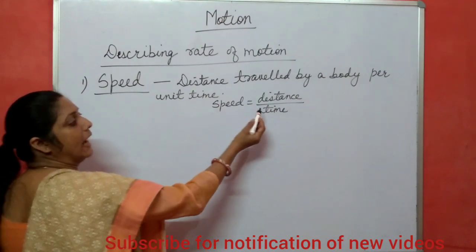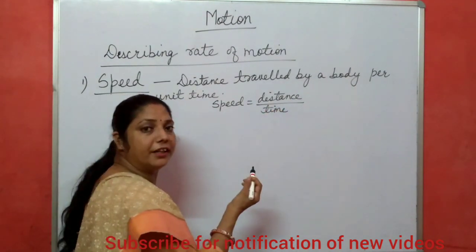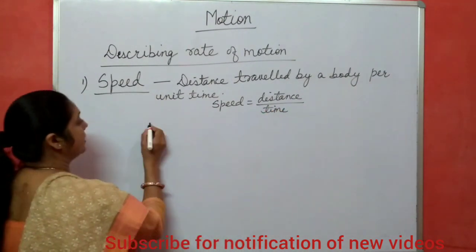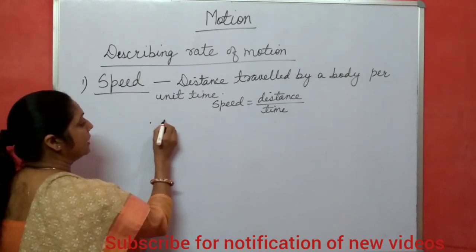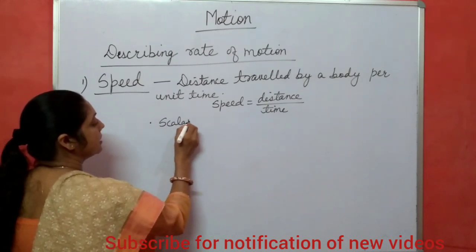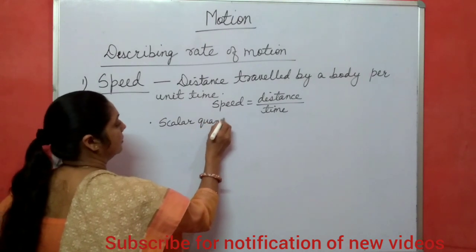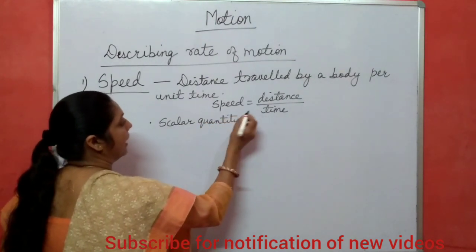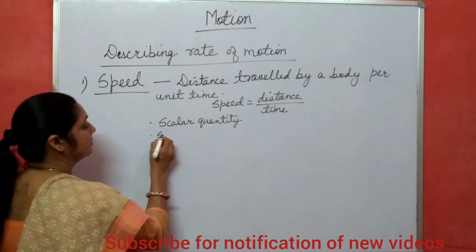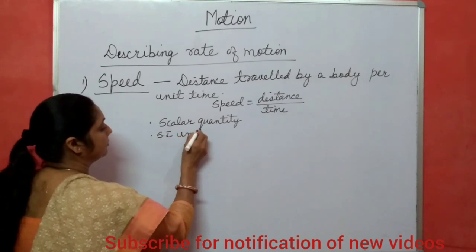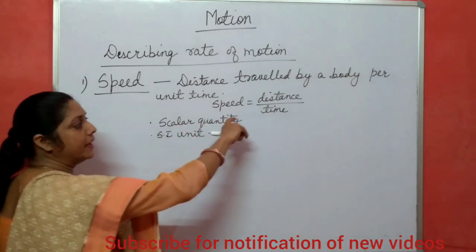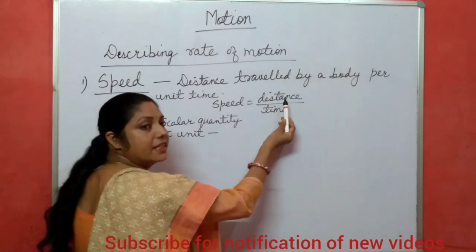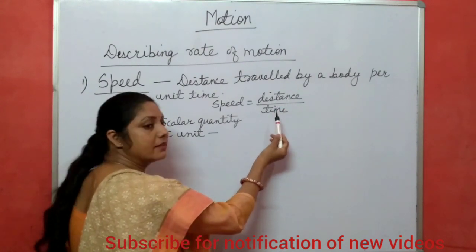Okay, and you know that distance is what type of quantity? It is a scalar quantity. So, speed is also a scalar quantity. And what is its SI unit? SI unit of distance is meter, time is second.